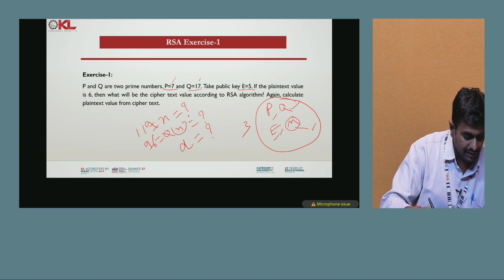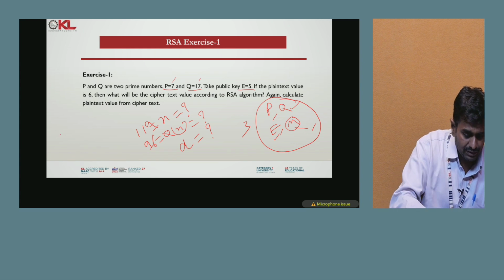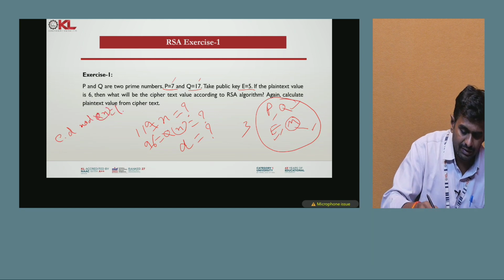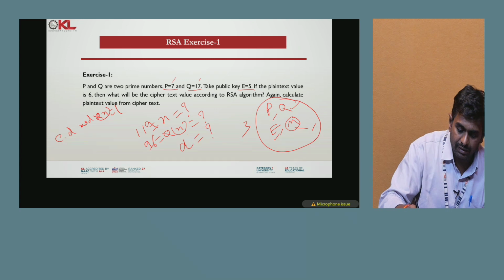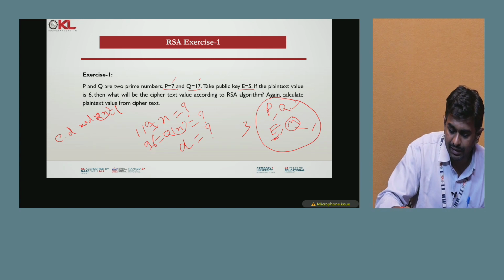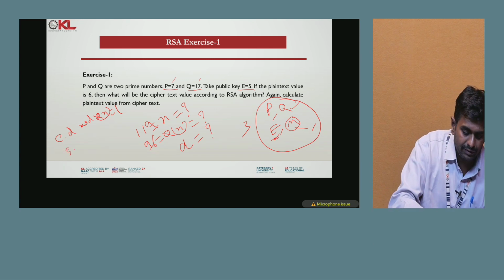Now calculate the d value. What is the formula? e into d mod pi n equal to 1. The e value is already given, that is 5, so 5 into some d value, we need to find d, mod pi n value, that is 96, equal to 1.